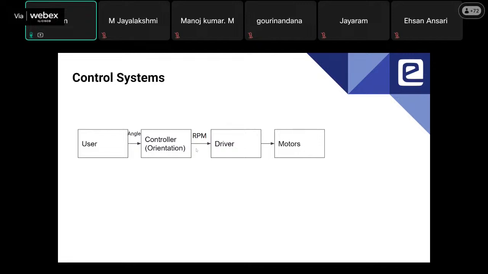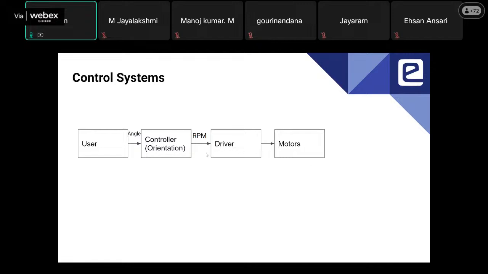No, we can't, because there needs to be some kind of feedback from the motors or from the system itself, the quadcopter system. Otherwise, you are giving input to the controller and providing some output, but you never know whether it has reached that particular needed angle or not.